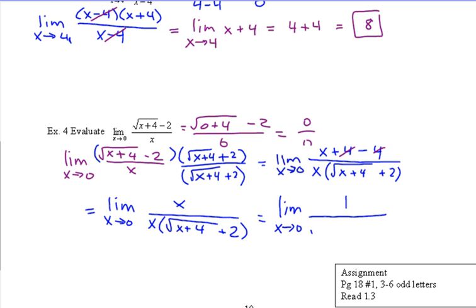So 1 over the root of x plus 4 plus 2. Now that something canceled, when something reduces, that's when you can sub something, because this is what was causing the 0 over 0.